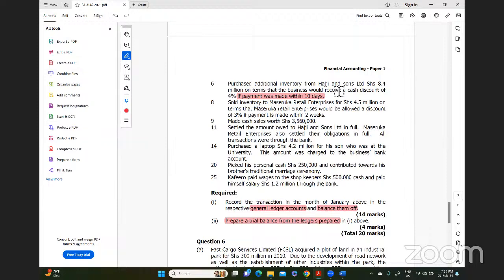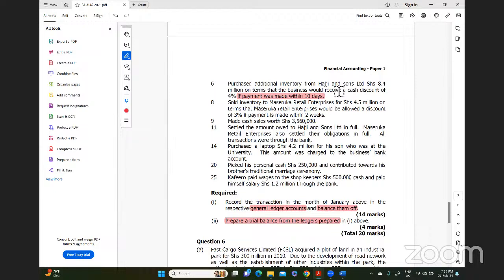Because if we recognize that discount, however much you think that you're going to pay within 10 days, you cannot recognize that income now, because that will be going against the prudence concept. Are we together? You may be overstating your incomes, and when you overstate incomes, then meaning assets are also going to be overstated. Okay, thank you. You're welcome.